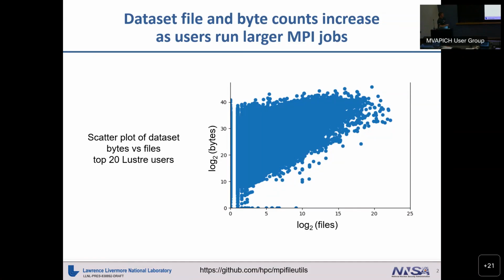Up there at 40, you're reaching into terabyte data set size. And you might be dealing with tens of thousands or hundreds of thousands of files. So when you're in that bottom left corner, your standard Linux tools like cp, rm, and ls will help deal with those data sets. But once you start reaching that upper right, things become pretty painful.